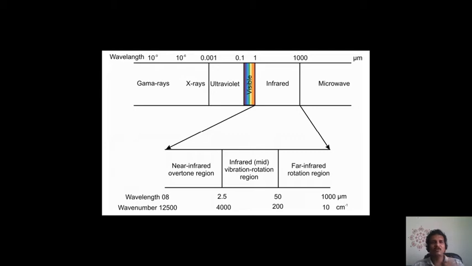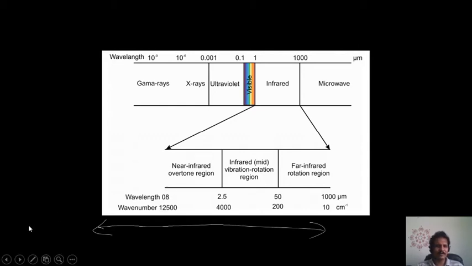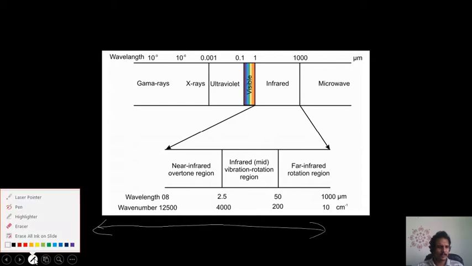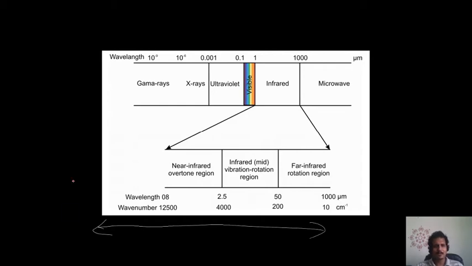Now when you consider the instrument, a single instrument will not cover the full region. So this is your ranges. Again I will be redefining the ranges. You have the near infrared, mid infrared and far infrared regions. You can see the range I have given in both micrometers and per centimeter.